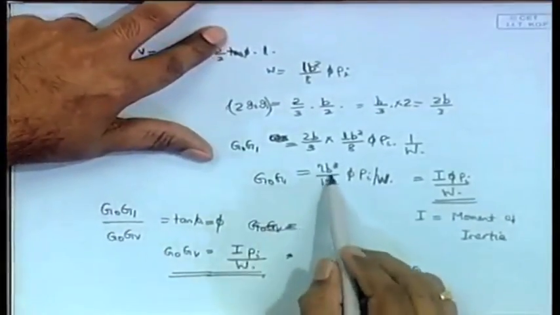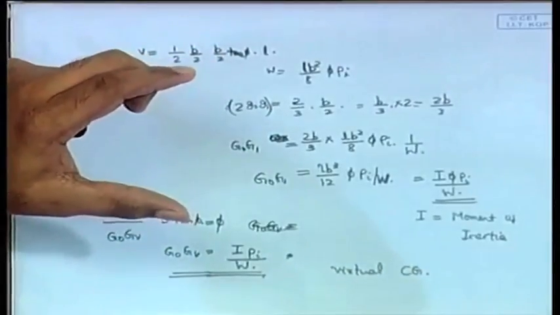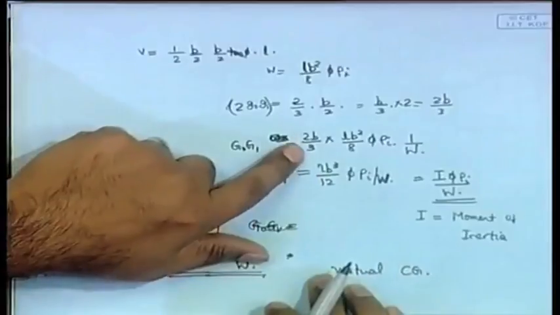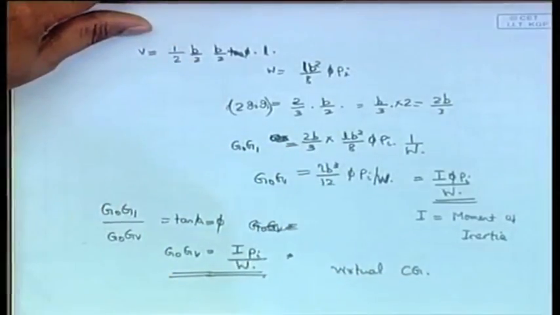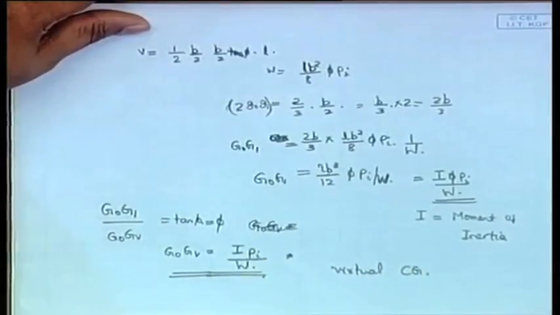Now, see, this is LB cube by 12, where L is the length of the tank. It can be the length of the ship also, if the tank extends the whole length of the ship. But remember, this B is actually the breadth of the tank, not the breadth of the ship. So, this LB cube by 12 represents the moment of inertia of the tank.